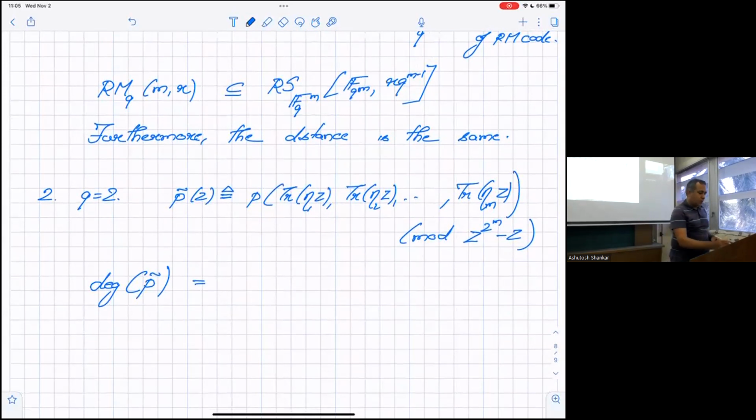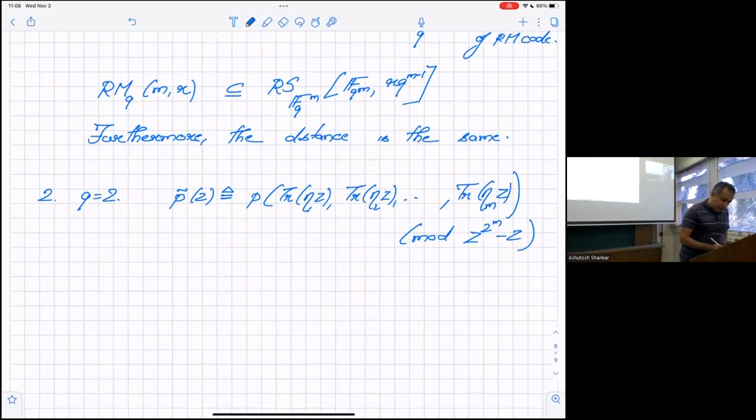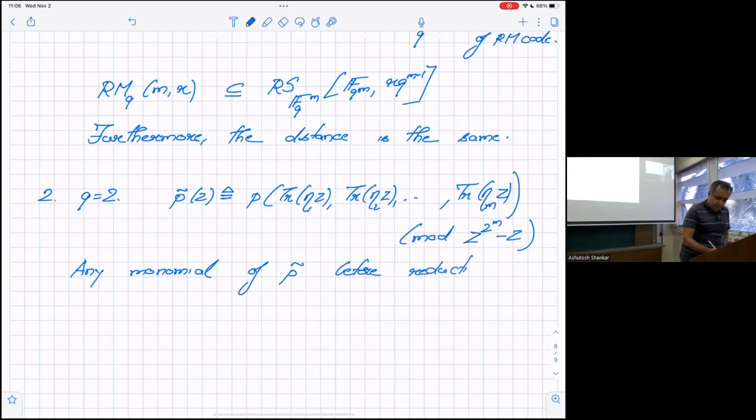Let's look at any monomial before the reduction. Any monomial of P tilde before reduction by mod Z^(2^m) minus Z is of the form Z^(2^(i_1) + 2^(i_2) + ... + 2^(i_s)).